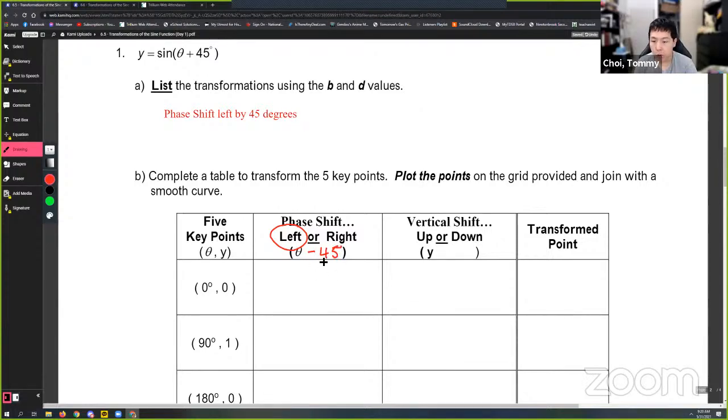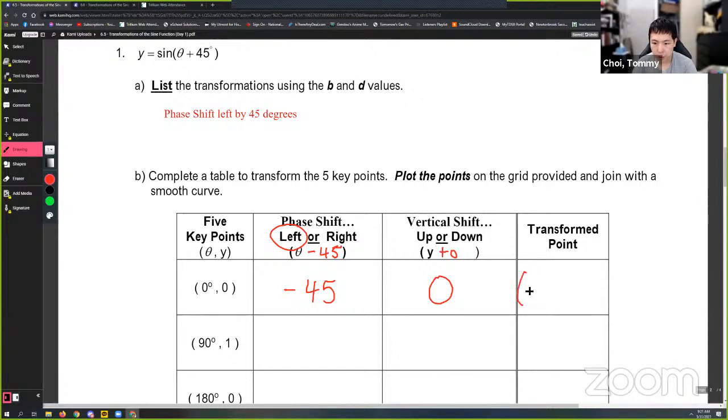So we're doing theta minus 45. Since we're moving to the left, we are subtracting. So 0 minus 45 gives us negative 45, and this is plus 0 because nothing changes, so y is going to be 0.